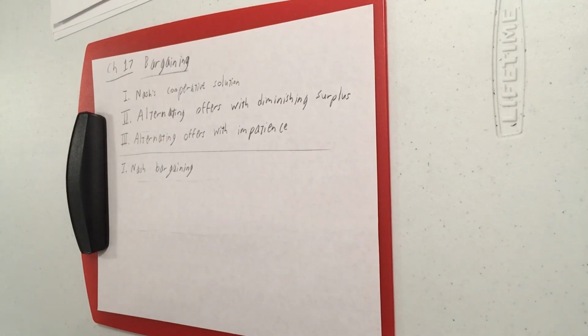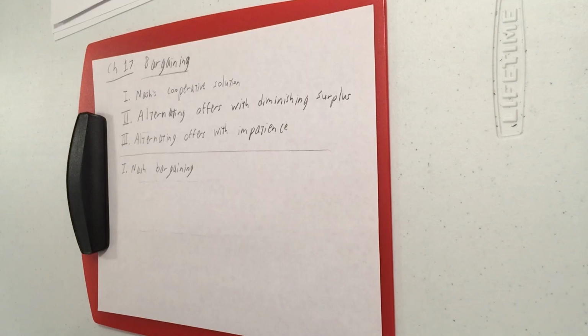So we'll look at Nash bargaining first. One key element in Nash bargaining is you have to know what the players could secure for themselves if no deal is reached. So if, say, the grad students end up going on strike and they don't come back, what's their alternative? How much money could they get from welfare?